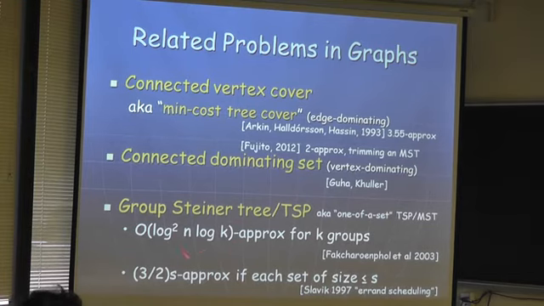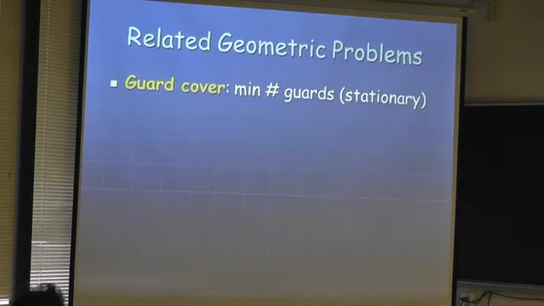There's also related problems called group Steiner tree or group TSP, also known as one-of-a-set TSP in graphs, where instead of having to visit a set of cities, you have to visit a red city, and a blue city, and a green city, etc. One of each color, one of each class. These are groups. So there's been a lot of related work, and these are all related to what I'm talking about.